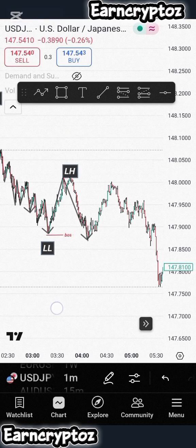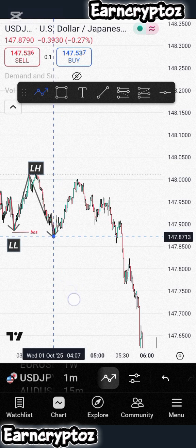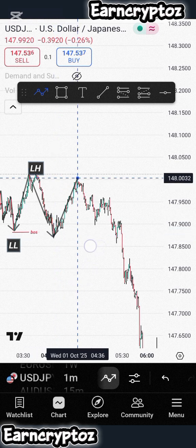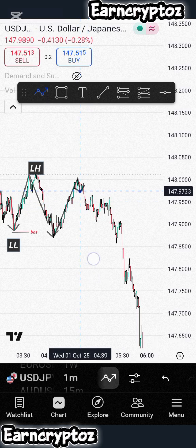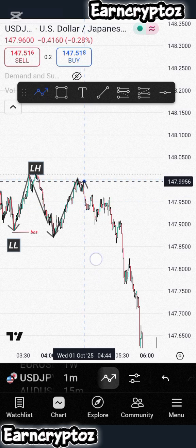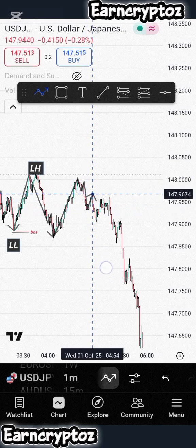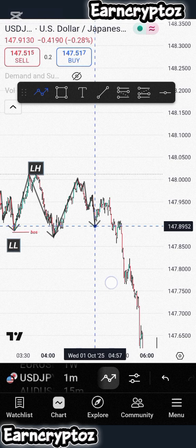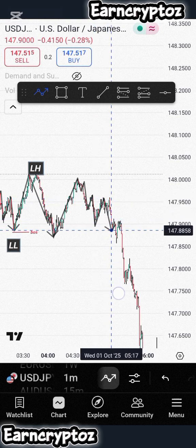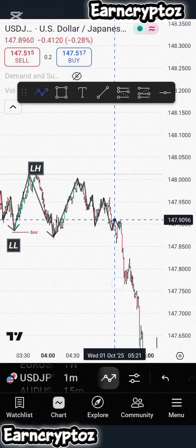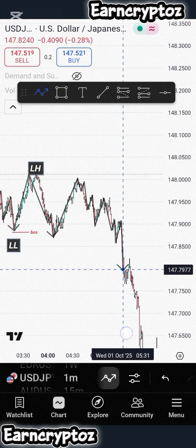Okay, then we add another correction right here, then another impulsive move started again. So this is 1 minute time frame, that's why the candle look so small, but whatever the time frame you're using, it is the same thing. Okay, so we have another break of structure to the downside.